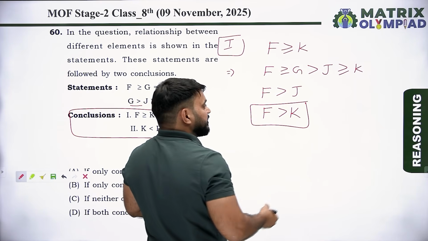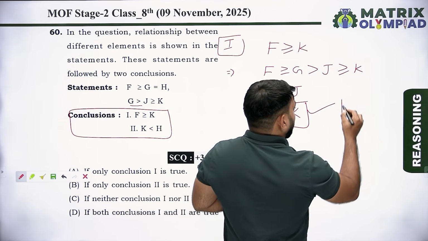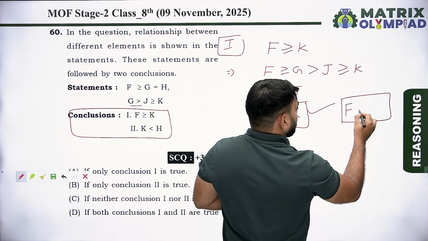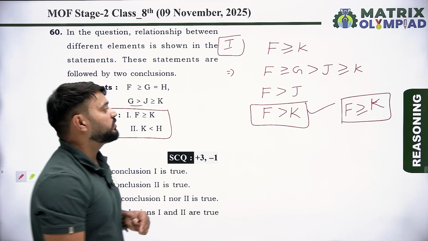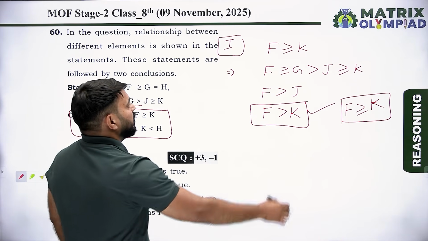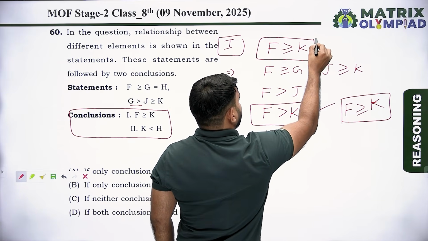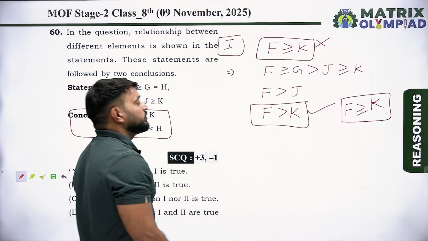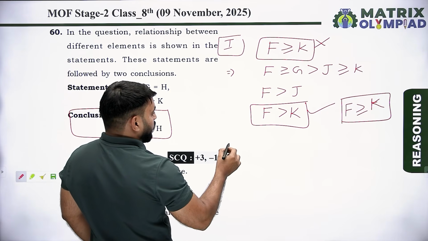So f is greater than k is the definitely true conclusion, but f is greater than or equal to k is not a definitely true conclusion. So according to conclusion first, f is greater than or equal to k is not a definitely true conclusion. So conclusion first is not true.